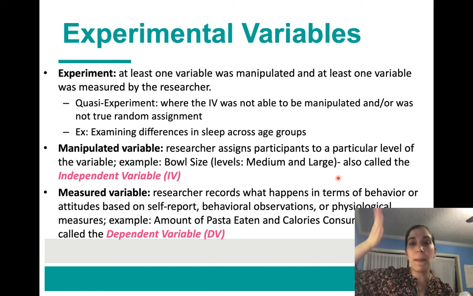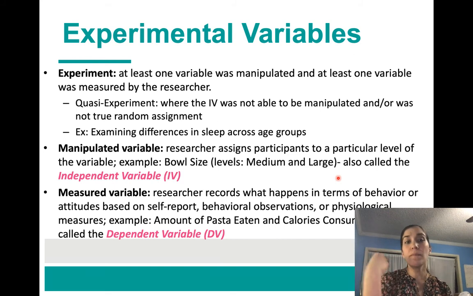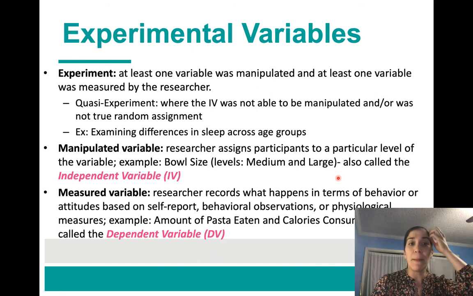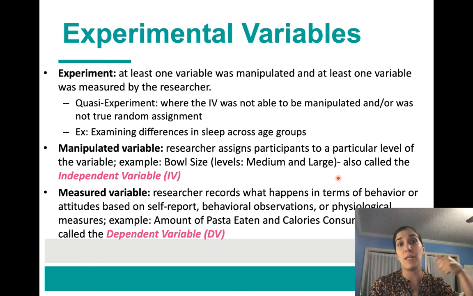I can create almost like a pseudo manipulated variable. A quasi-experiment is still experimental because we're splitting people up into groups, but it's when you can't technically have true random assignment where you randomly place people into 3 groups. I can't randomly put a person from the population into the teenage group because they might be 60, okay?